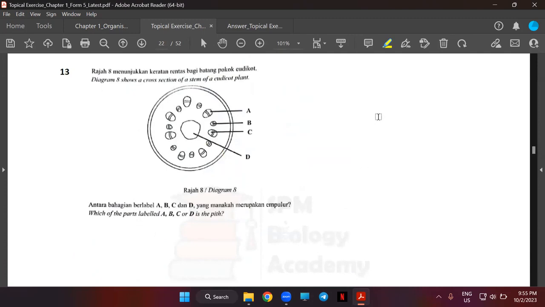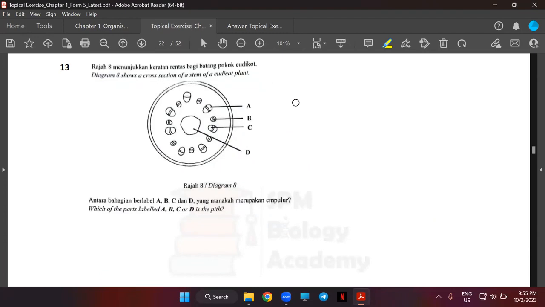Rajah 8 menunjukkan keratan rentas bagi batang pokok dikot. Diagram 8 shows a cross section of a stem of a dicot plant. Antara bahagian berlabel A, B, C, D, yang manakah merupakan empulur? Empulur. Pith. The center part, D. D ialah empulur, pith.